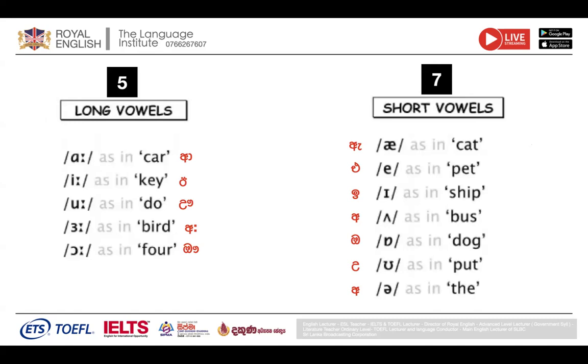Short vowels can be pronounced a little bit shorter than long ones, like a in cat, e in pet, i in sheep, o in bus, dog. It's not dog, it should be dog. U in put.